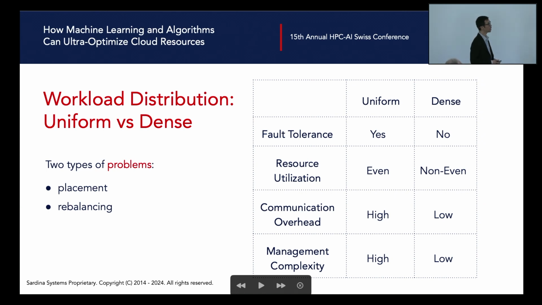So, if we're uniformly distributing the workloads across the system, we get the profiles as you see in the table there. Conversely, if we pack them densely, we get certain benefits.